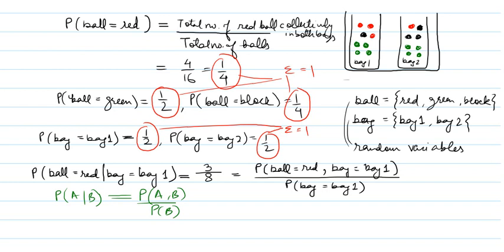So P of ball is equal to red and P of bag is equal to bag 1. So what is actually the joint probability? Again, this joint probability may be represented with the help of a table here. So I must draw the table like this. This is bag, and bag is equal to bag 1, where bag can be equal to bag 2, and this is ball.